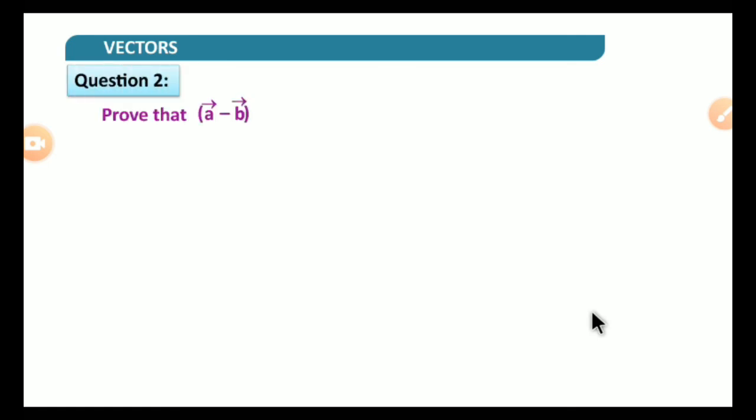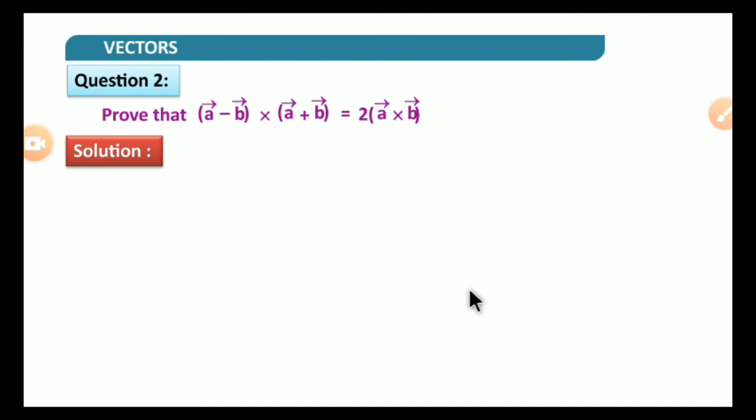Now another problem: prove that (A minus B) cross (A plus B) is equal to 2 times (A cross B). To prove this, let us consider the LHS part, (A minus B) cross (A plus B).